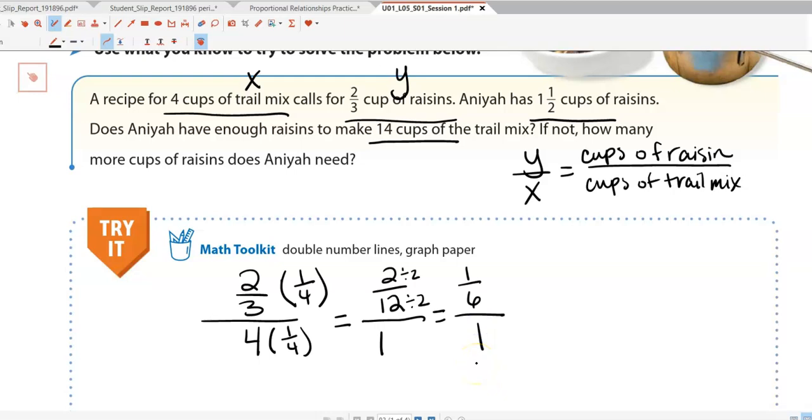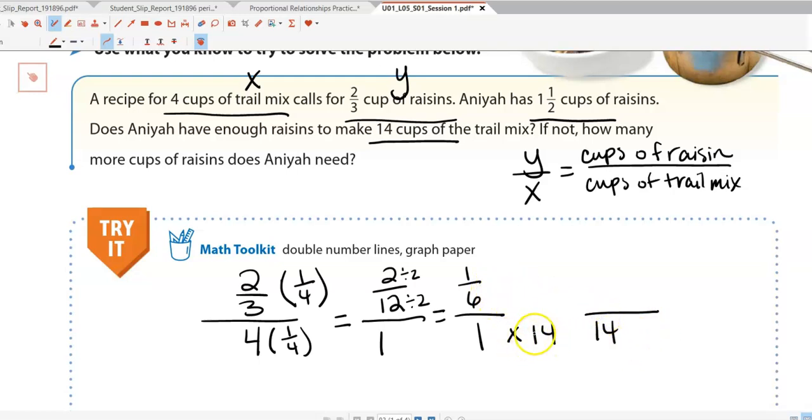I'm leaving it like this so that we understand that every 1/6 cup of raisins will give us 1 cup of trail mix. So we need to know about how many raisins are needed for 14 cups. So if we multiply 1 times 14, that will give us our 14 cups of trail mix.